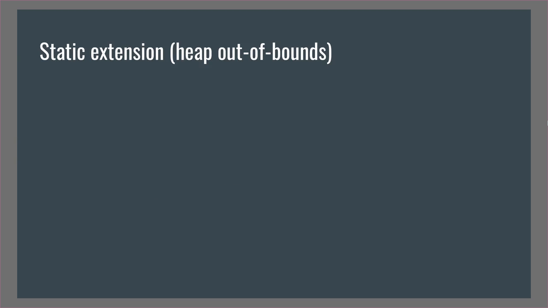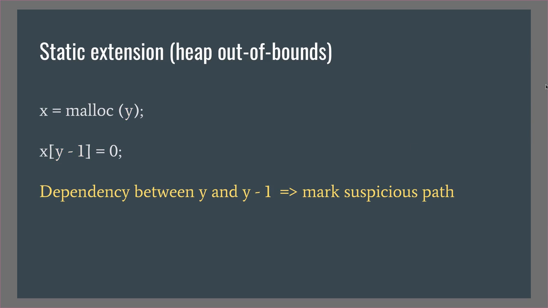First, we wrote a static extension to identify cases where there's a dependency between an object's allocation size, in this case y, and its index size, in this case y-1. So the allocation size is y, index size is y-1. Since there's a dependency between those two, they both contain y, the static extension is going to mark this path as suspicious.